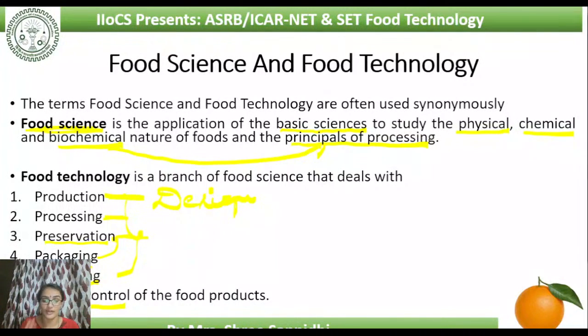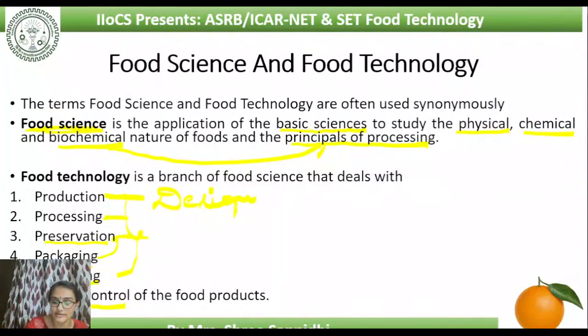So we have to make sure that every step of every individual stage is going properly with the proper quality. That work is done by the quality control system. So food technology is nothing but application of the knowledge we have gained in food science.